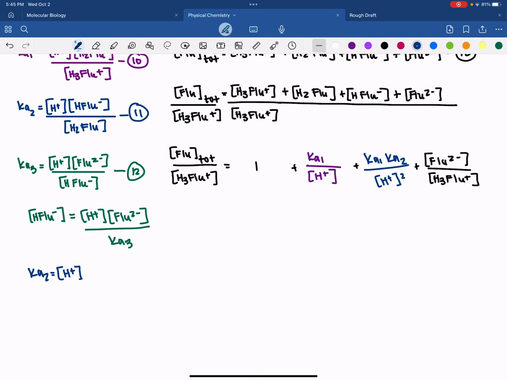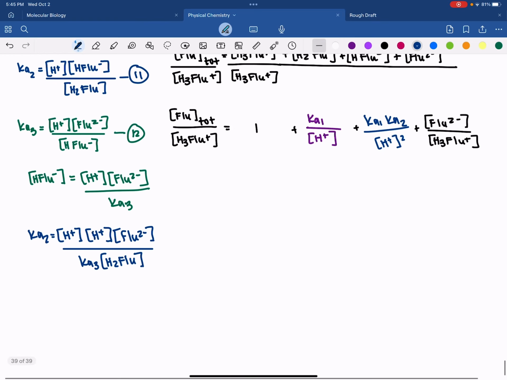I'm just going to plug it straight in, my H flu negative, which is H plus times flu 2 negative over Ka3 times the concentration of H2 flu neutral. Okay? And again, you might want to separate flu 2 negative, but we're not.